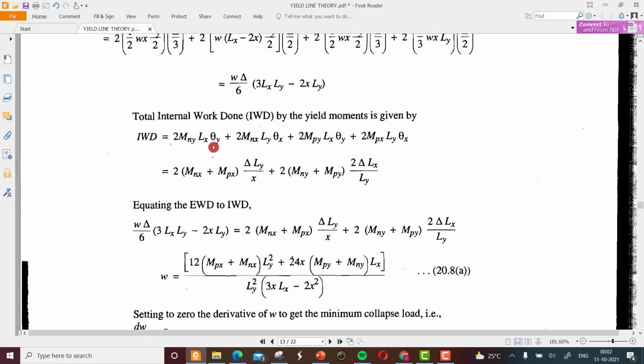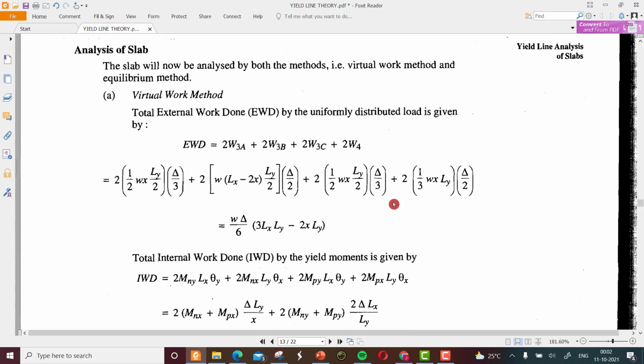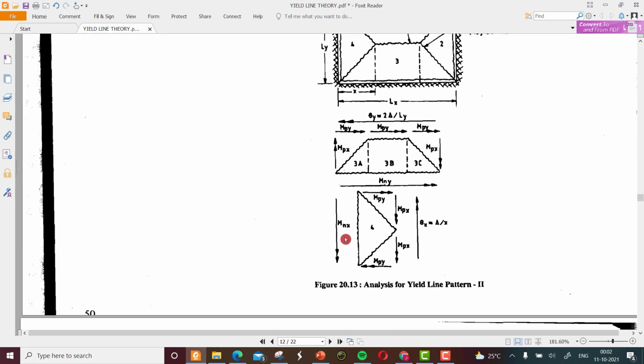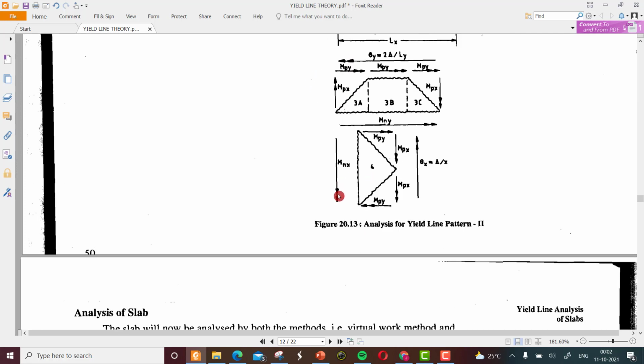Mny is the fixed end moment in the direction of Lx, about the Lx. And similarly Mnx is about the verticals, as there is a double triangle shown.